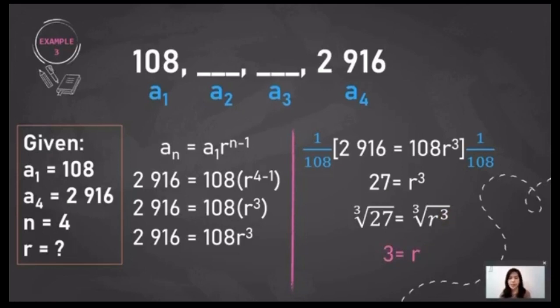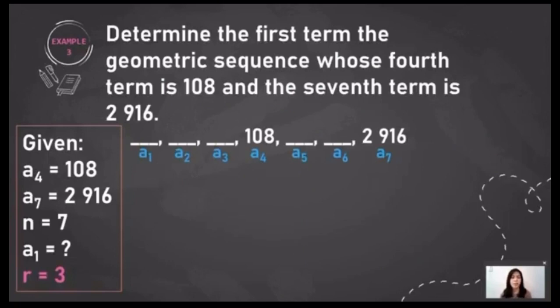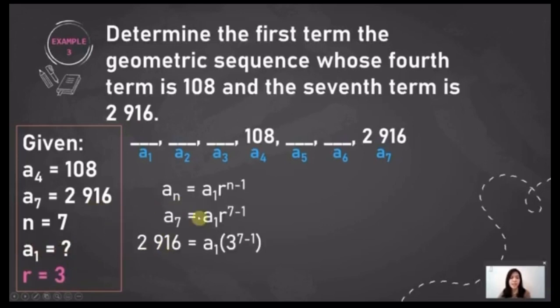Okay, now let's go back to our problem. Since we already have the common ratio, then we could already solve for our a sub 1. Using our formula, we have a sub n as 2,916. Our a sub 1, copy a sub 1, our r is 3, and then n is 7 minus 1.